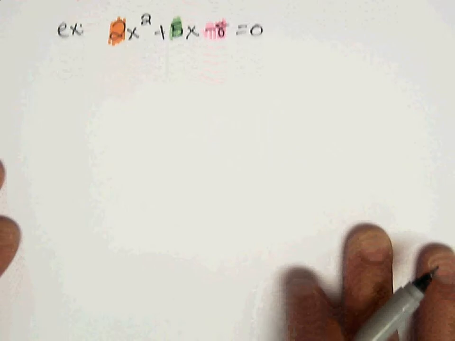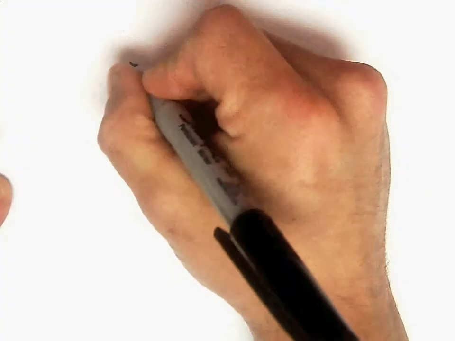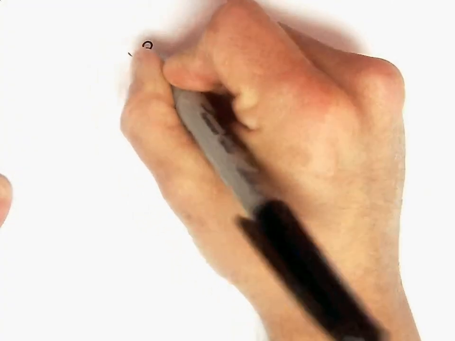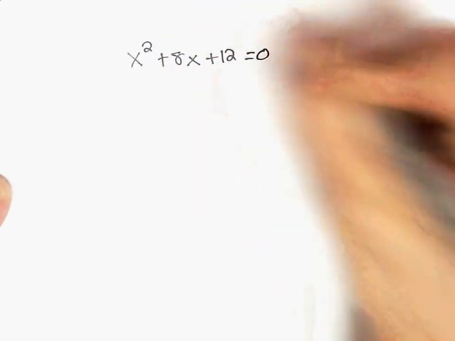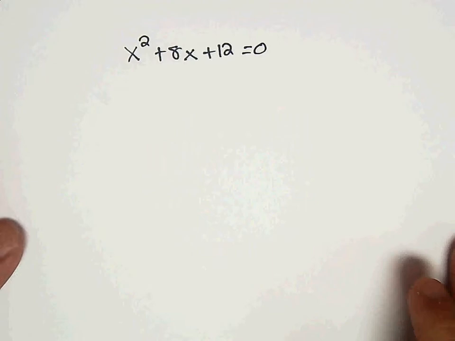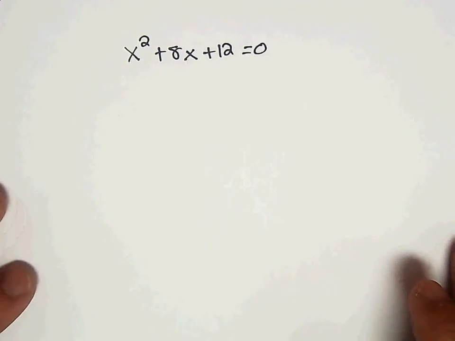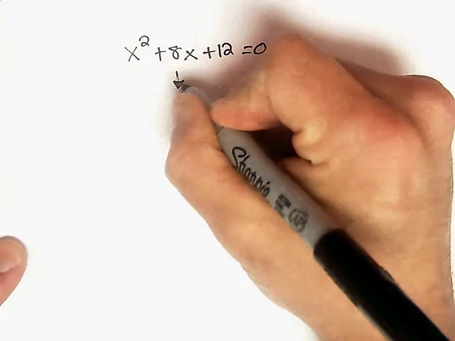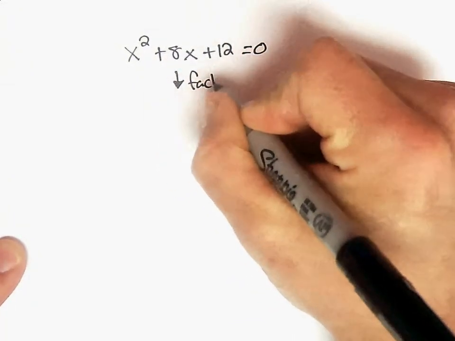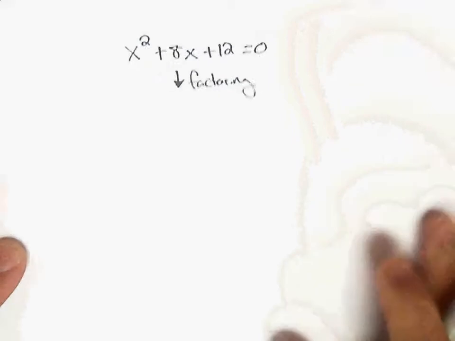For example, let's say I gave you this equation here. X squared plus 8x plus 12 equals 0. And I told you to solve this equation, solve this quadratic. Well, we would do it by factoring. That's what we did last week. So we factor that.